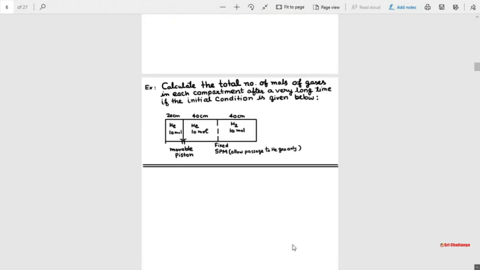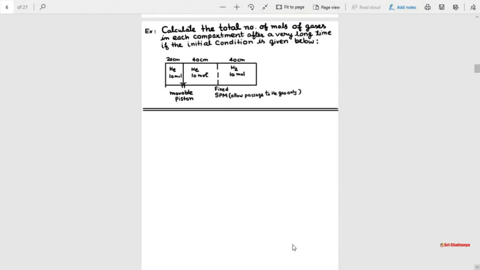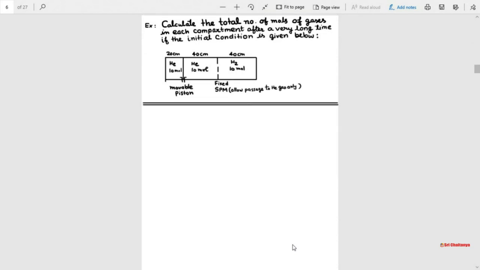Now practice one more. Again, this is a question based on Dalton's law. In this question, they are saying to calculate the total number of moles of gases in each compartment after a very long time. After a very long time means whatever diffusion is taking place, when it is completed.